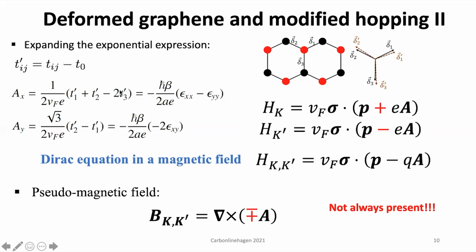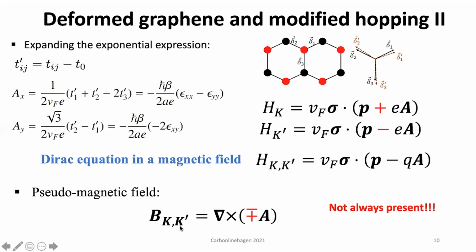Now, if this combination here, that is, if the elements of the strain tensor have a spatial dependence, that is, if they are inhomogeneous, I definitely can take the derivatives. Now, if the derivatives are such that I have a curl different from zero, then I will have what is known as a pseudomagnetic field. And this pseudomagnetic field, because of its change in sign, will have different signs at each valley.